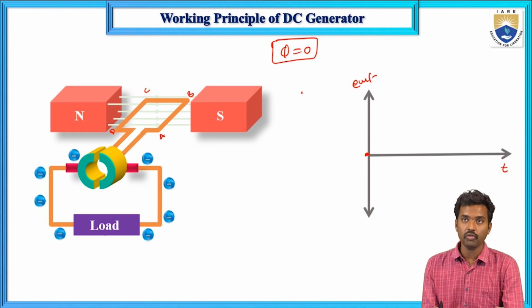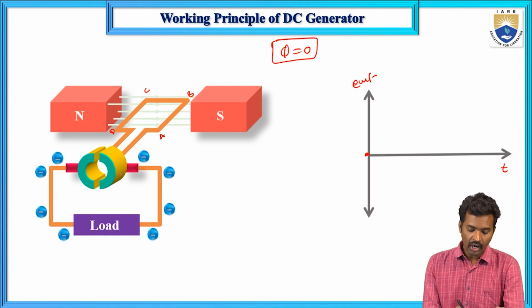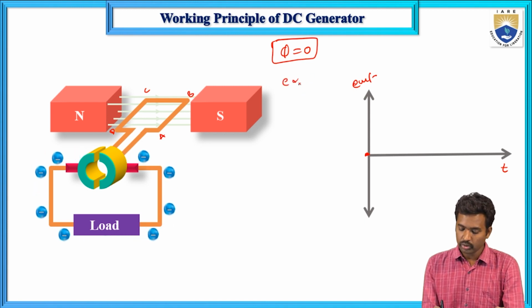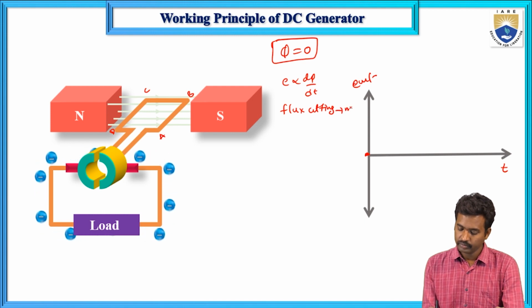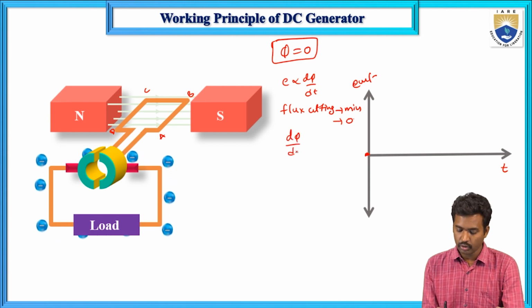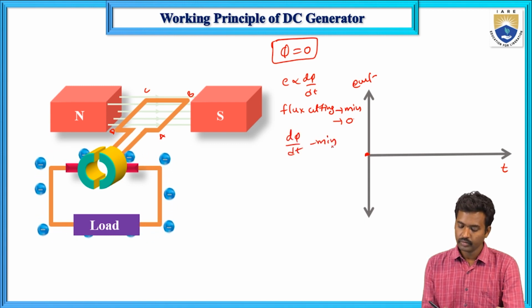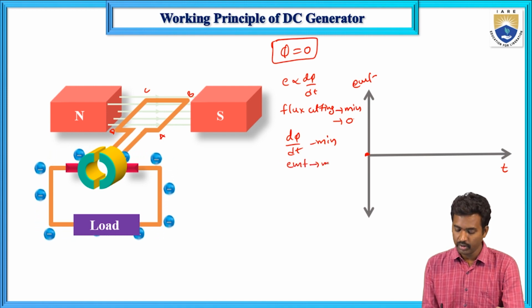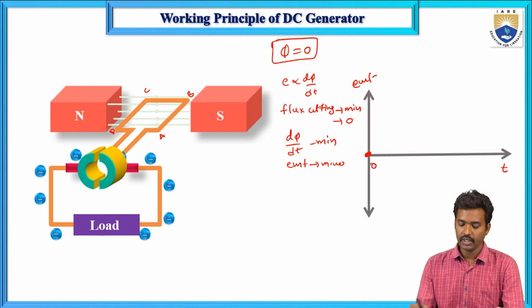Since E is directly proportional to d phi by dt, flux cutting being minimum means d phi by dt is also minimum, and the induced EMF is also almost 0 at 0 angle.